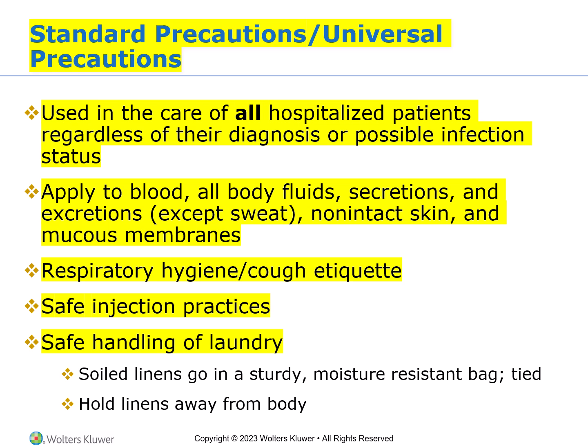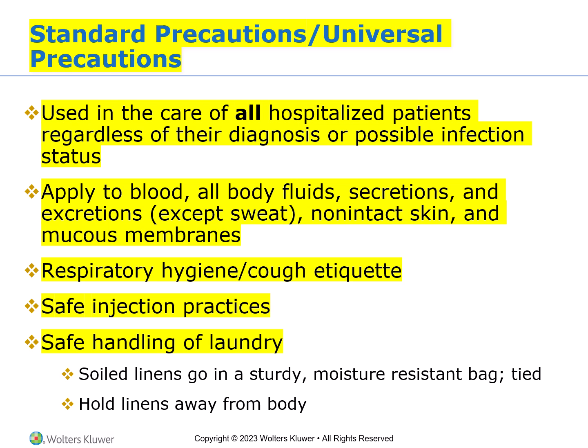And then lastly, under standard precautions, the last item is safe handling of laundry. This seems so simple, but this is truly a way that we can keep from spreading someone's pathogens onto someone else. If there are soiled linens, with urine or any kind of bodily excretion, we as nurses often change these. When we're handling them, we don't hold them up close next to our body where those pathogens are getting all over our scrubs.